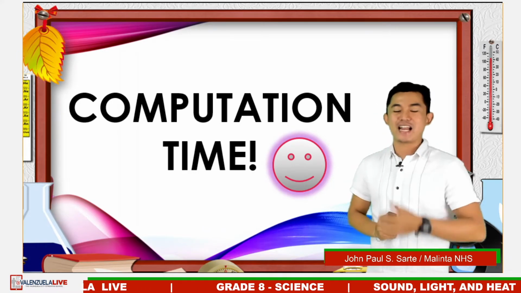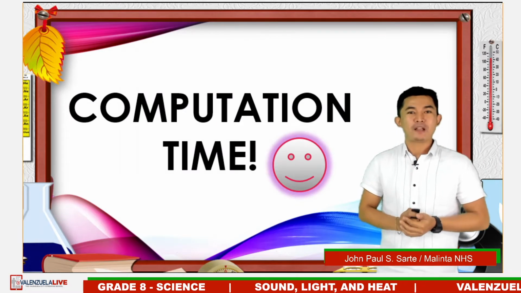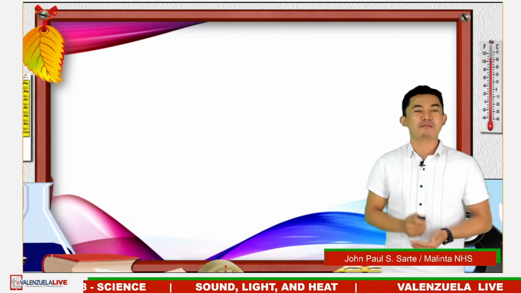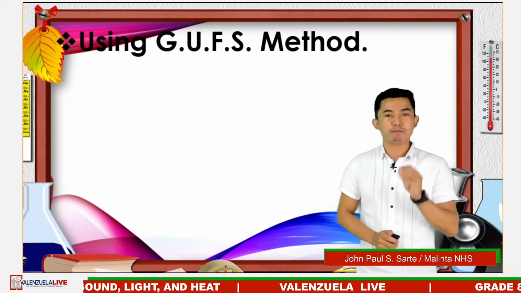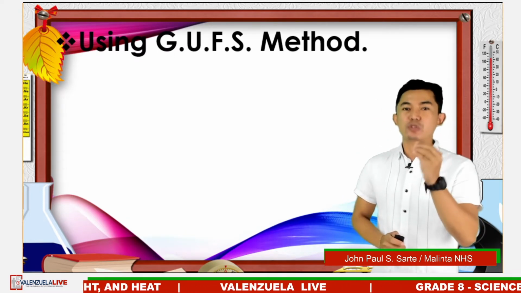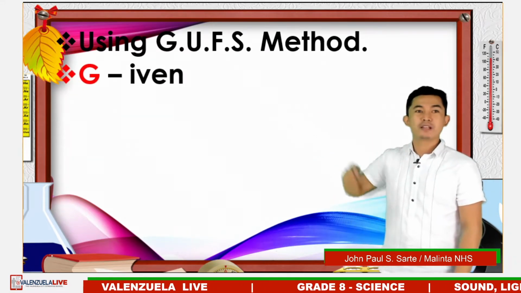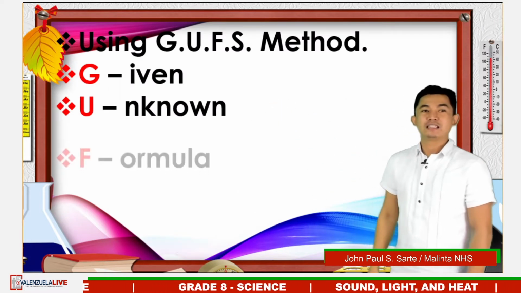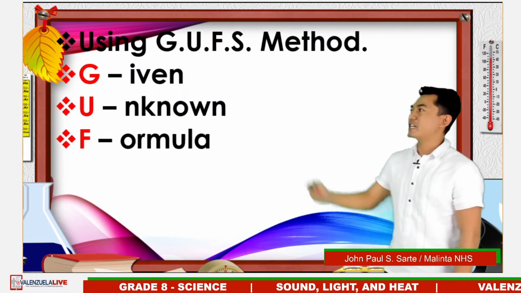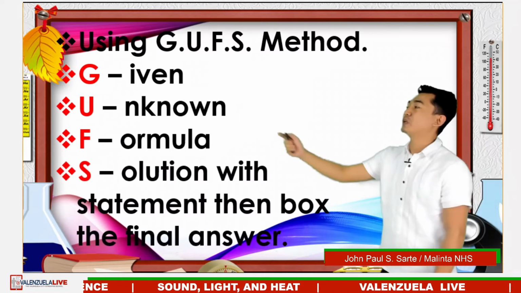But before that, class, I want you to use the GAPS method. Sir, what do you mean by GAPS method? GAPS method is very important in problem solving. G stands for given. U stands for unknown. F stands for formula. And letter S stands for solution.